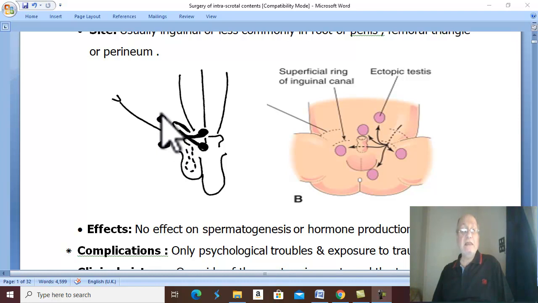Accessory inguinal tails pass in the subcutaneous tissue of the inguinal region. One accessory tail to the root of the penis and suprapubic region is called the suprapubic tail, which passes in the subcutaneous tissue of the root of the penis and the suprapubic region, and the femoral accessory tail in the subcutaneous tissue of the femoral triangle, and one accessory tail passes in the subcutaneous tissue in the perineal region.